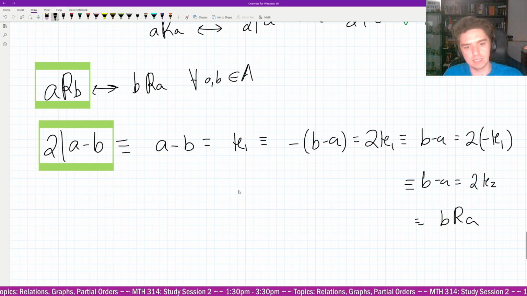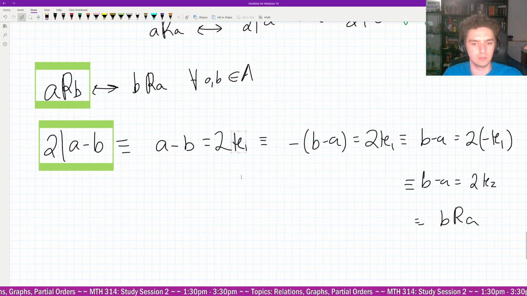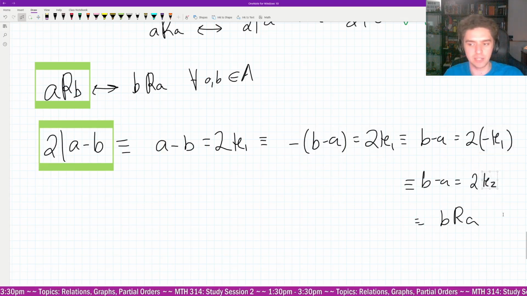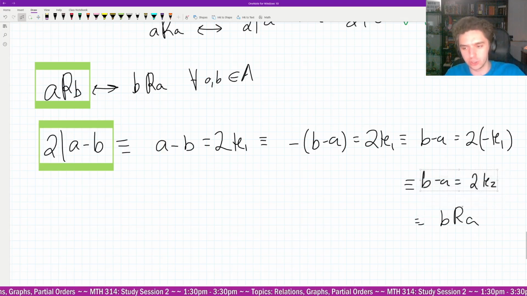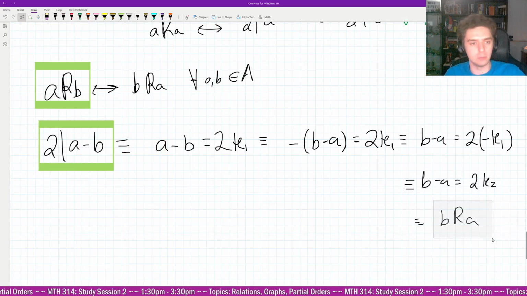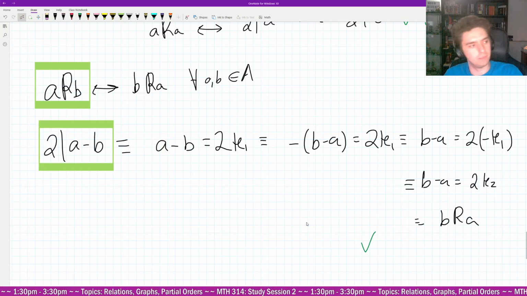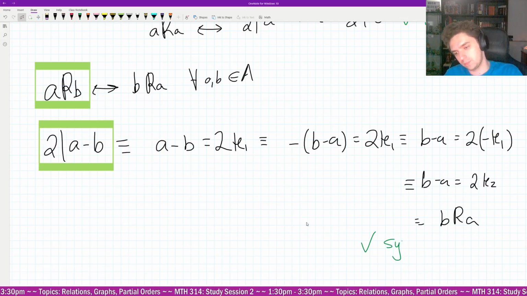So another way to write that is a minus b equals some multiple of 2. This is logically equivalent to this just by factoring out a negative sign and moving that negative sign to the other side, and then calling negative k1 just some other k2, which it is. And this is exactly what b R a would mean. So again, this is proving that yes, this is symmetric.